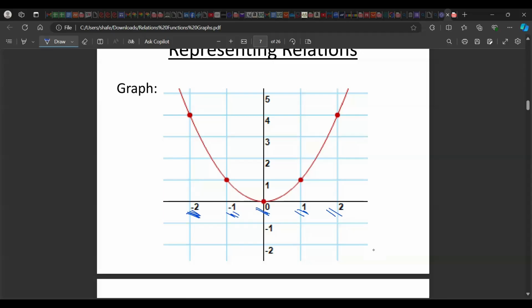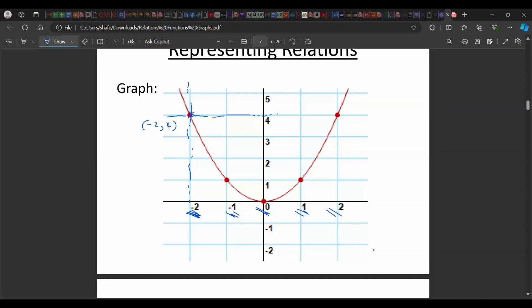Those are the inputs, and then the outputs. From -2 go up. That corresponds to 4, and the 2 of them meet there. So that point is (-2, 4).